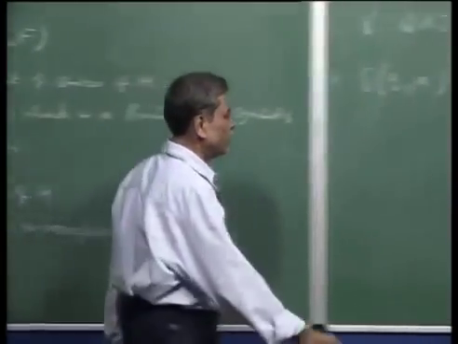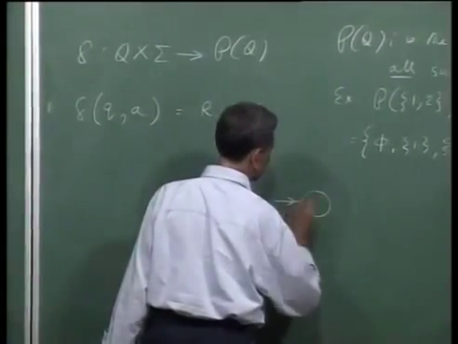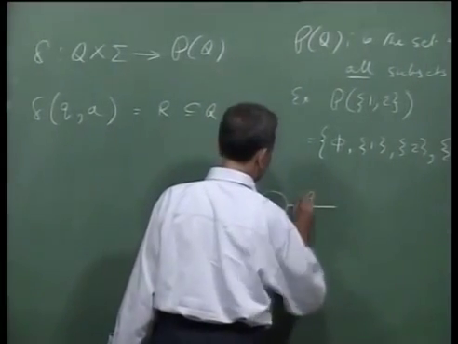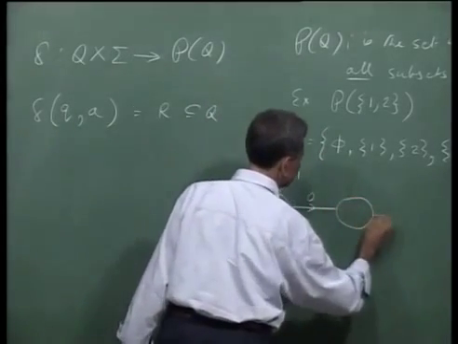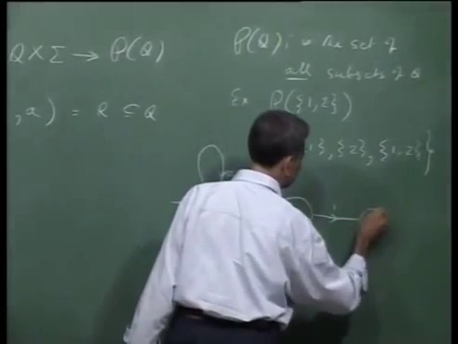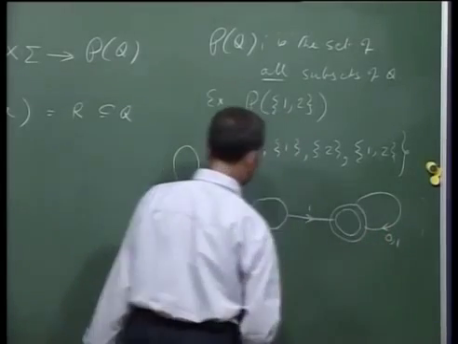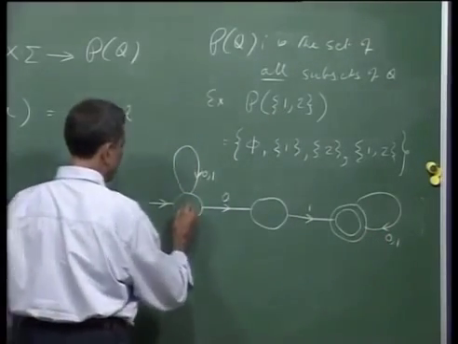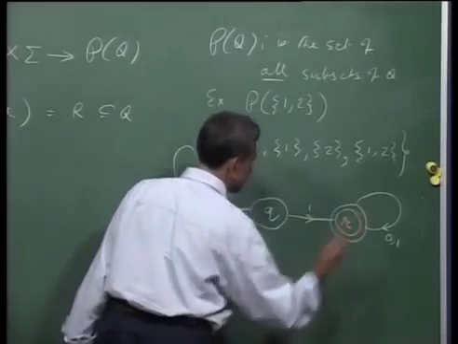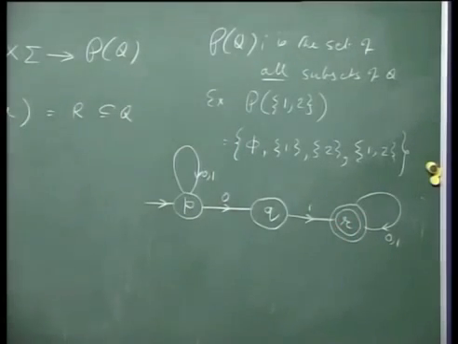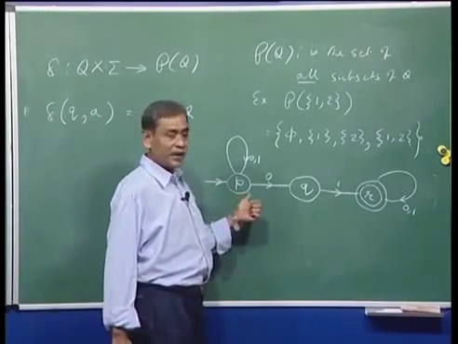Let us take a very simple example. Let me name these states as this is P, this is Q, this is R, and you can see what language this NFA accepts.